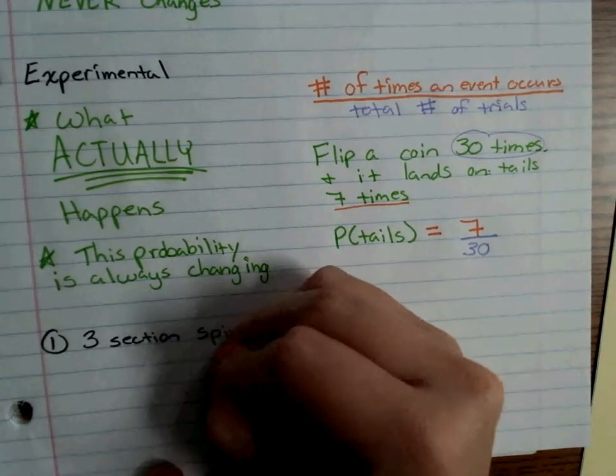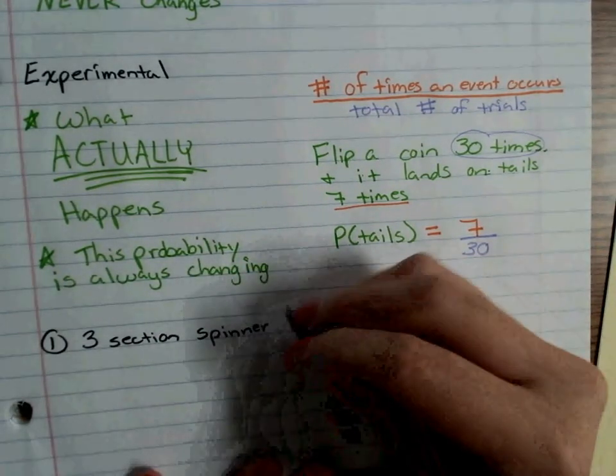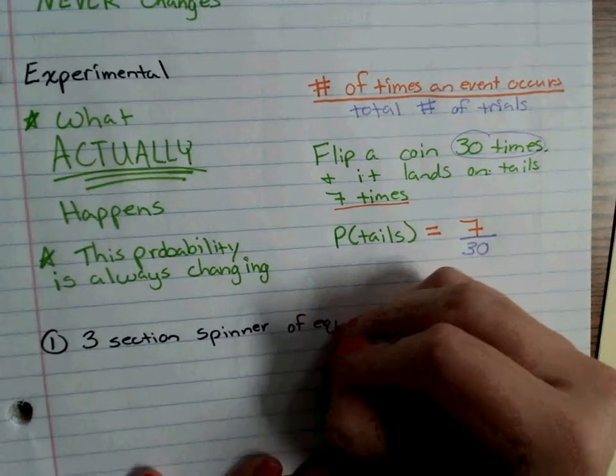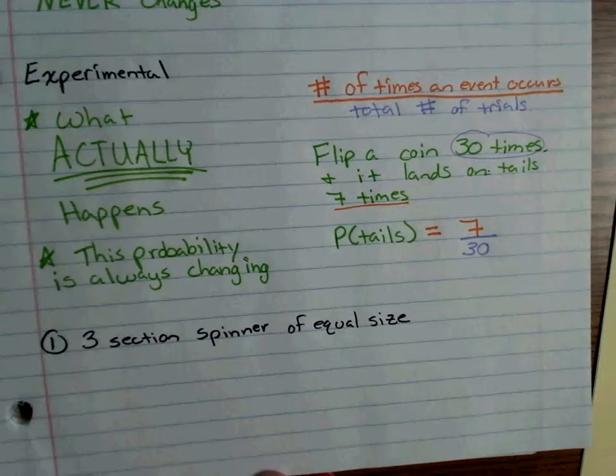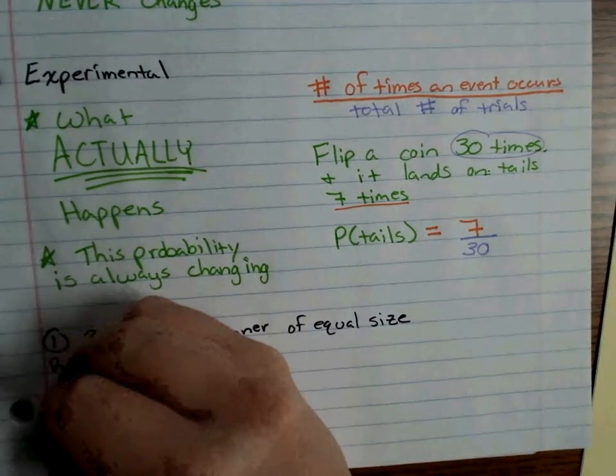All right. We got a 3-section spinner of equal size. That means that each of the sections is the same measurement: 1/3, 1/3, 1/3. And then these are the results.